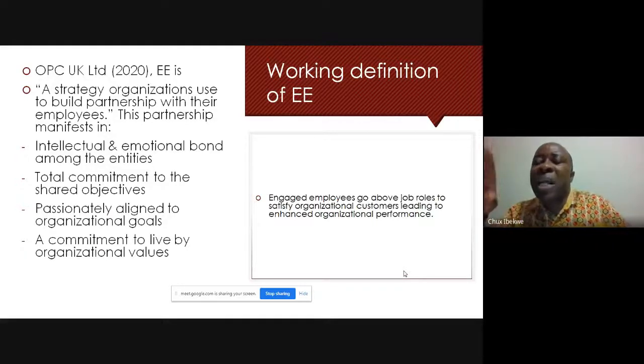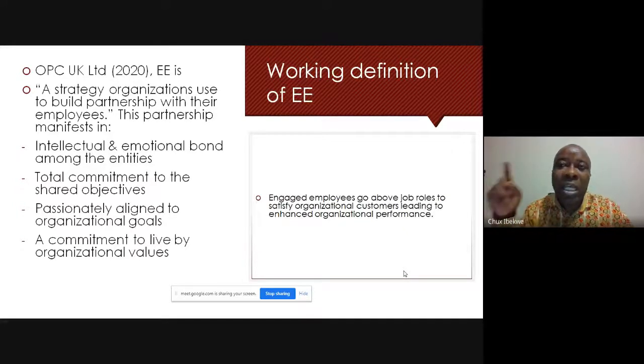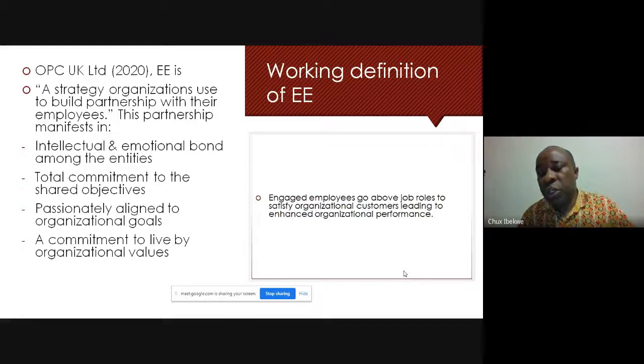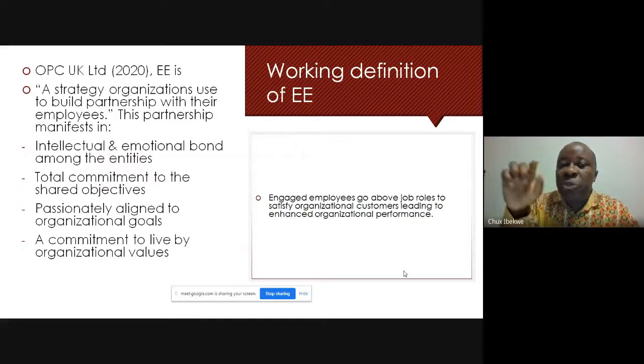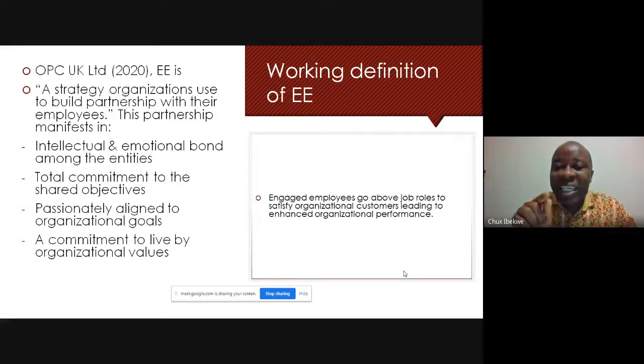And you can see that this partnership manifests in various forms. It leads to intellectual and emotional bonds among the entities. Who are the entities? The organization and the employees. They are the ones in this EE. Another manifestation of this bond, this partnership building, is that it leads to total commitment to the shared objectives of the organization.